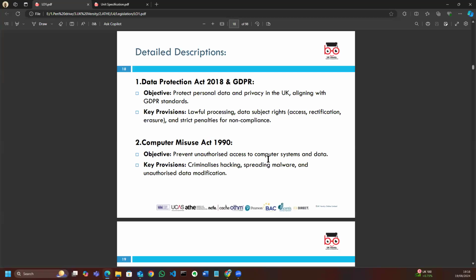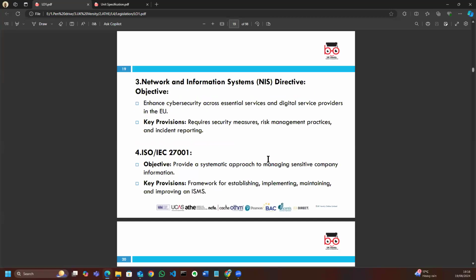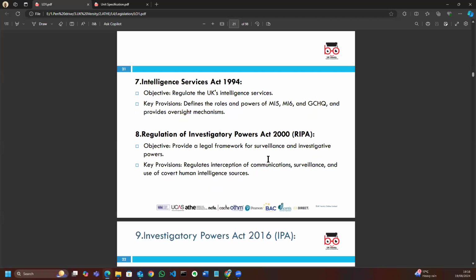Here we have the detailed description where we can go through the objective and the key provisions for each of them.